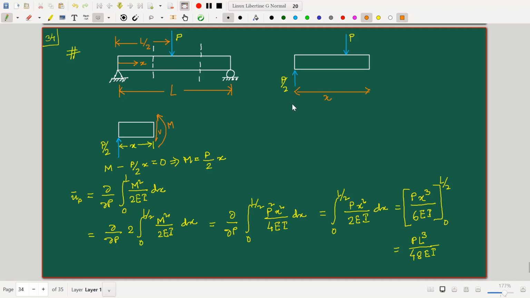All right, so x is greater than L by 2. So the situation is a little bit different now. This is the same convention as before, but now the expression for m will be different.